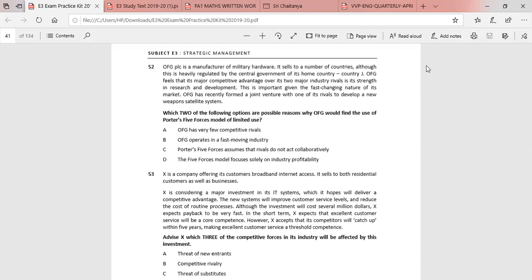OFG has recently formed a joint venture with one of its rivals to develop a new weapons satellite system. Which two of the following options are possible reasons why OFG would find the use of Porter's five forces model of limited use? Limitations of the five forces model.